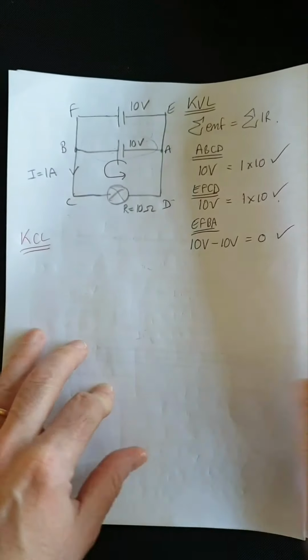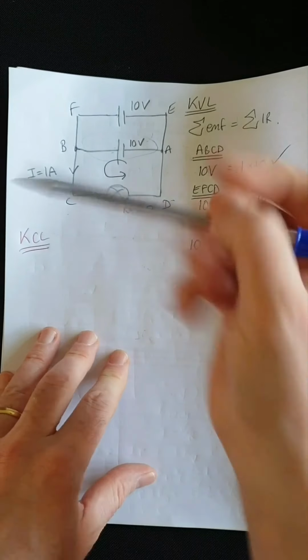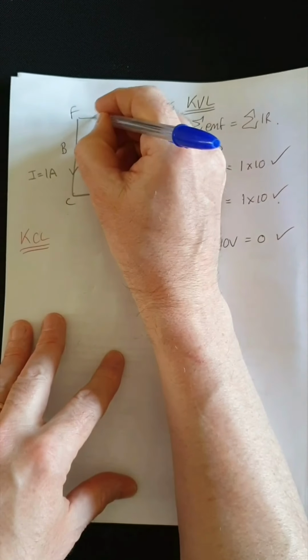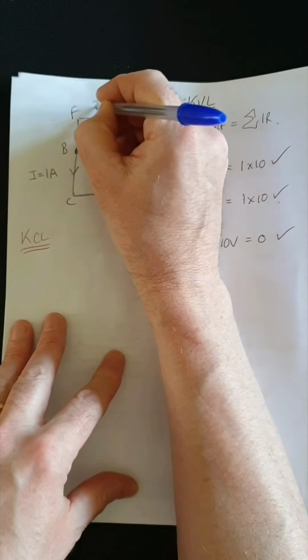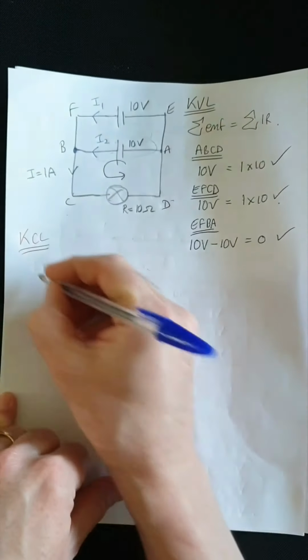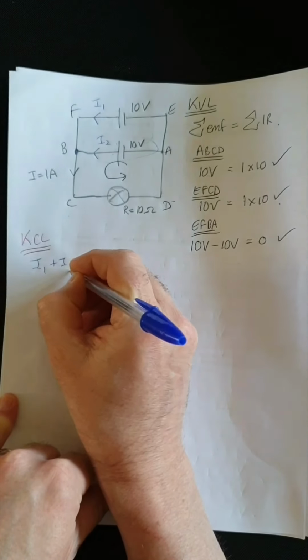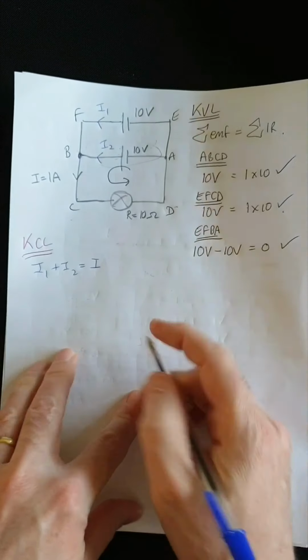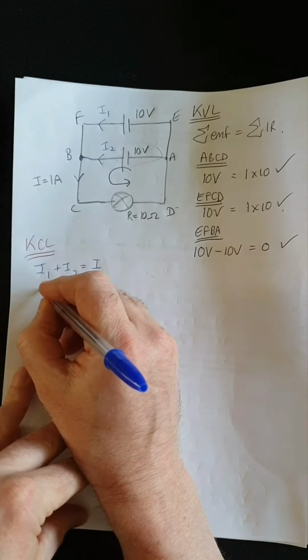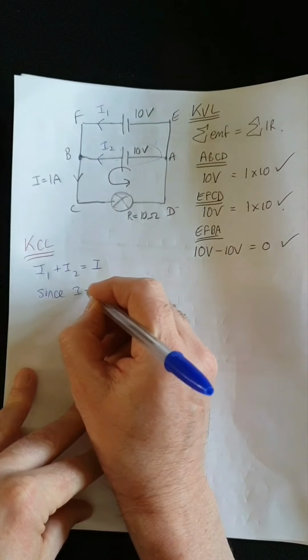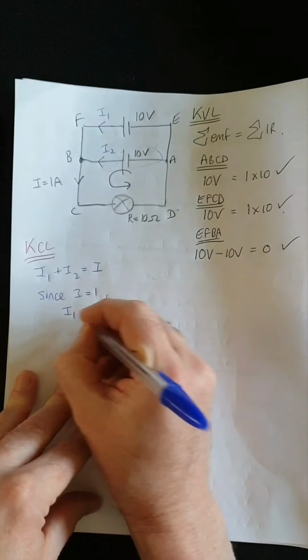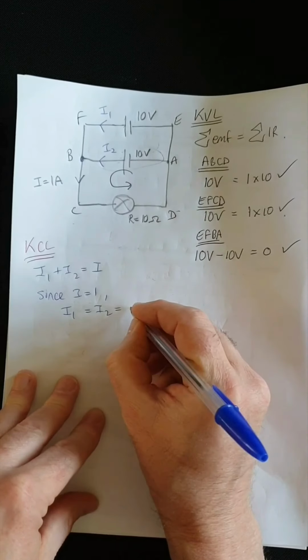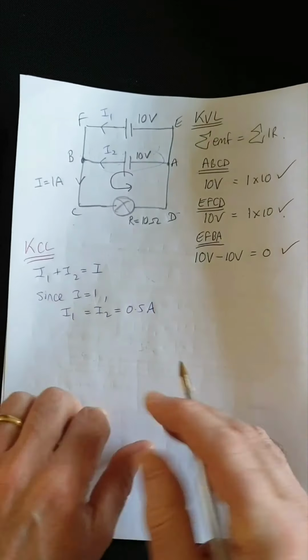So if we have theoretical components with no internal resistance, adding the second cell in parallel seems to have not very much effect. The only effect we can say in this case is if we look at Kirchhoff's current law, here we have a junction, then these two currents added together must equal this overall current of 1 amp. So each of these, since I equals 1, I1 equals I2 equals half an amp.